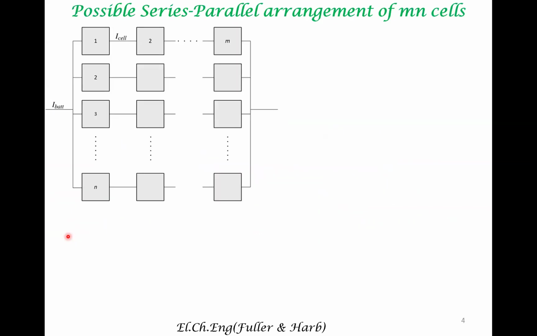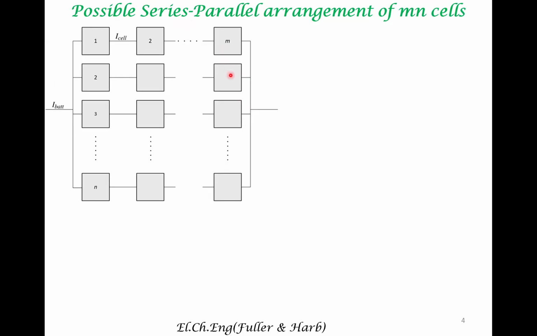So if you take an individual cell, we have discussed the voltage current performance of an individual cell, but in this set of lectures, more than an individual cell, what we are interested in is when the individual cells are connected in series and parallel.